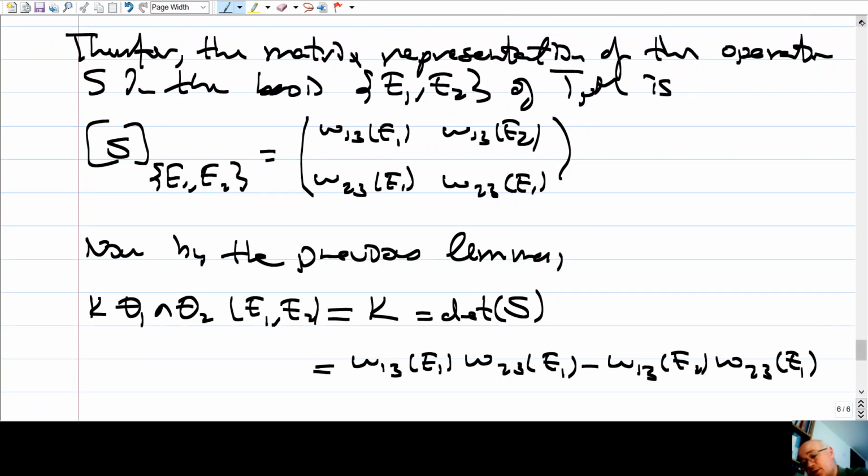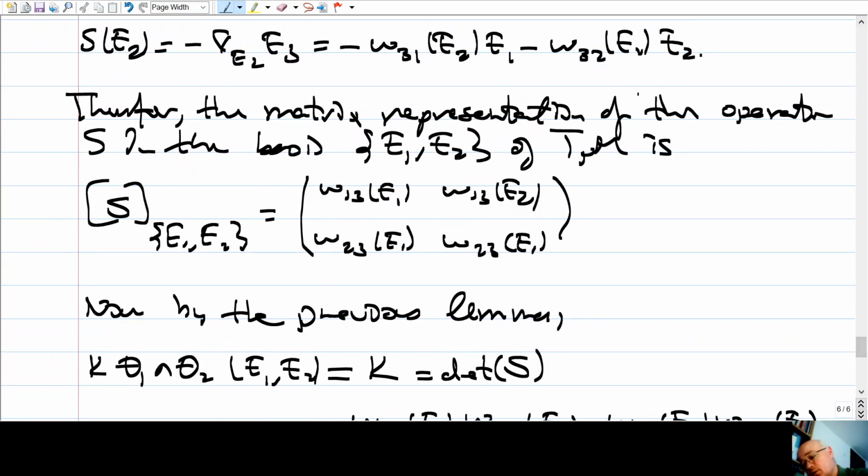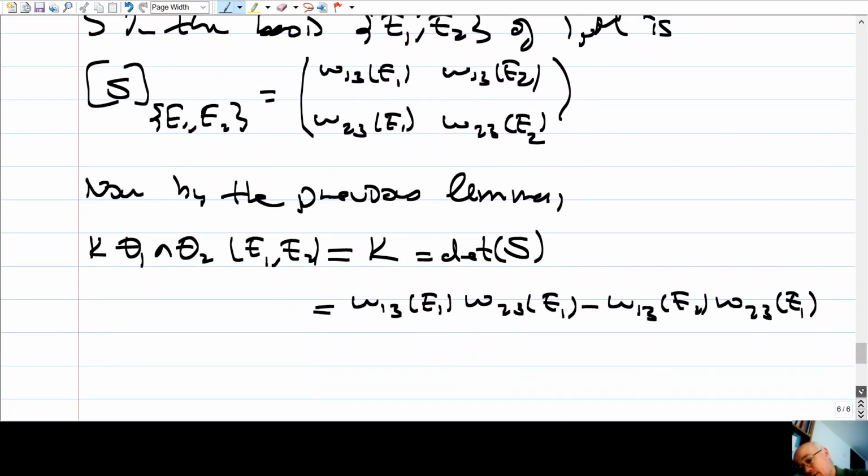I guess I made a mistake here. Yeah, these are both E2, right? So this should be E2. Okay, so E1 and then E2. So what is this? Well, this is just omega 1 3 wedge omega 2 3 evaluated on E1, E2, right?